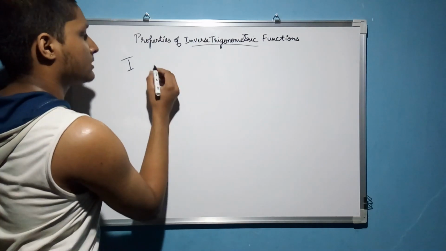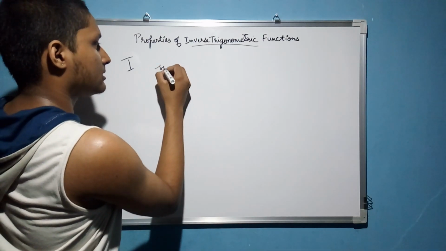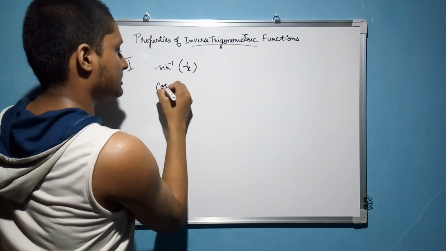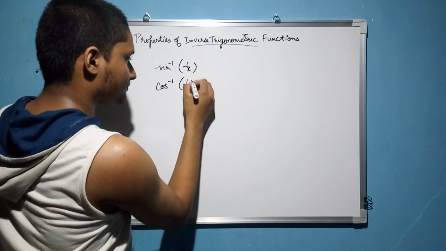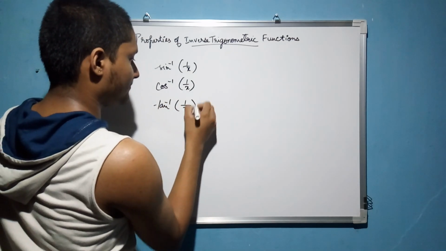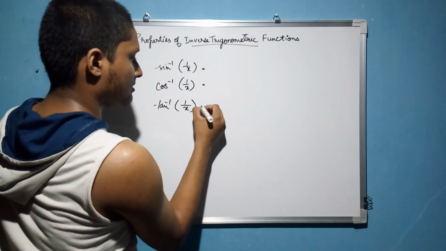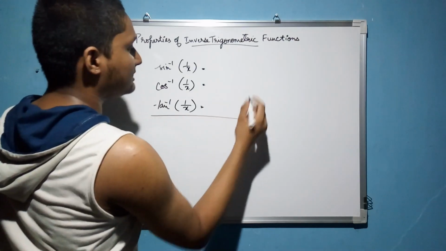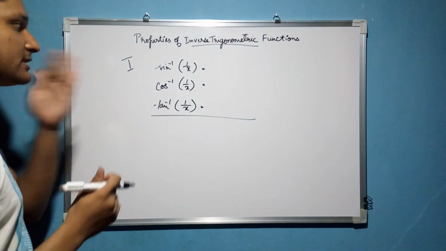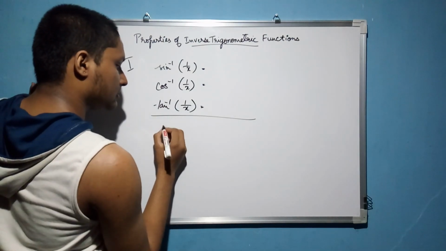We'll just check now. So I can write it as sin inverse 1 by x, cos inverse 1 by x, tan inverse 1 by x. I'll do one of them and write the others similarly. So the first one is sin inverse 1 by x.